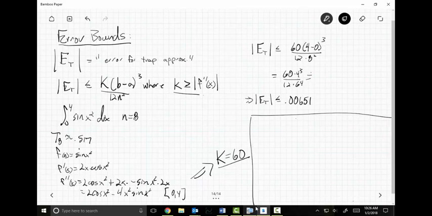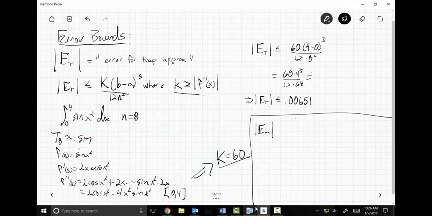If I had let this be 300, my error bound wouldn't have been as accurate, and I wouldn't have been able to figure out exactly how accurate I'm being with my trapezoidal approximation. Now remember, what this means is my trapezoidal approximation is within 0.00651 of the actual value of the integral itself. That's pretty neat.